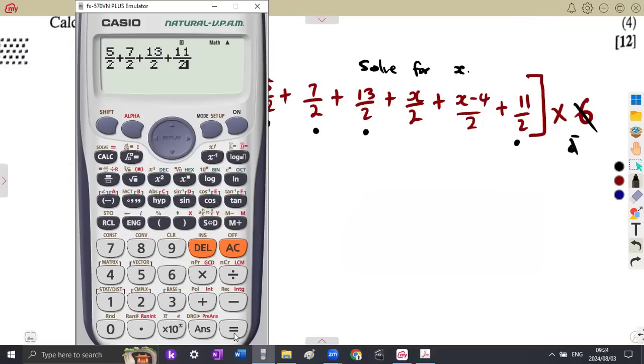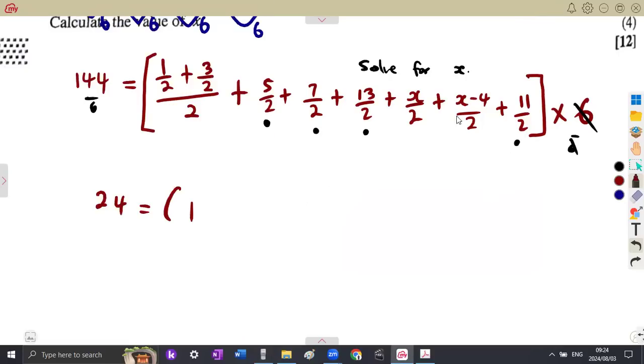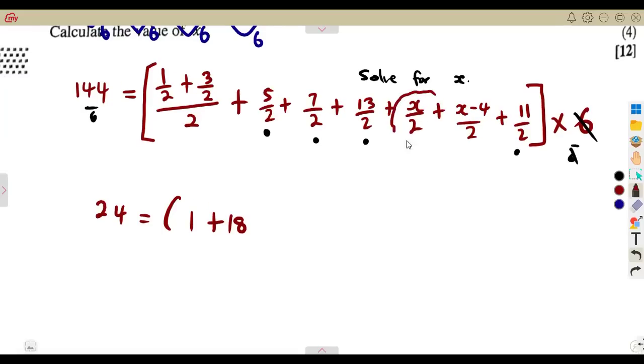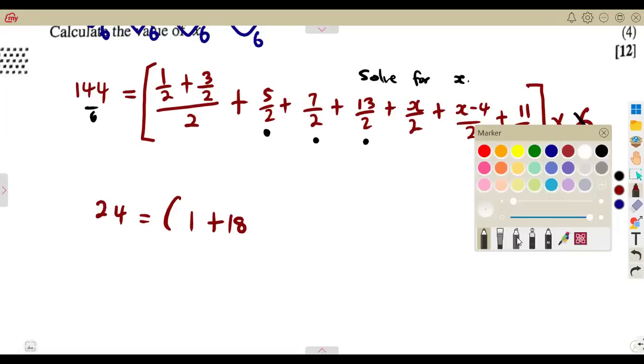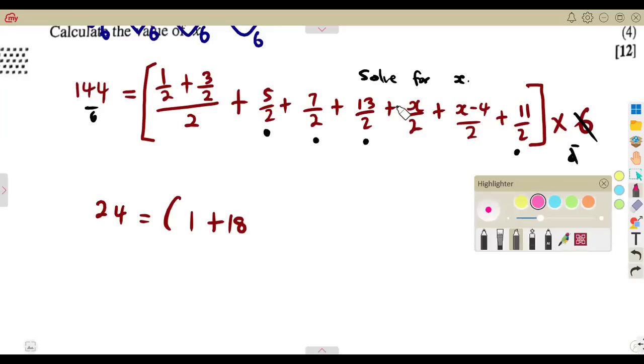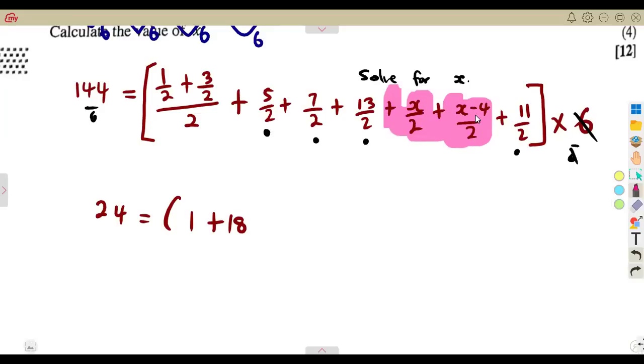Just add all these ones where x is not there. If we add all these numbers, we were going to obtain 18. But as we can see, we have a part that is remaining with x here that we haven't added. So we must combine the remaining part in terms of x.